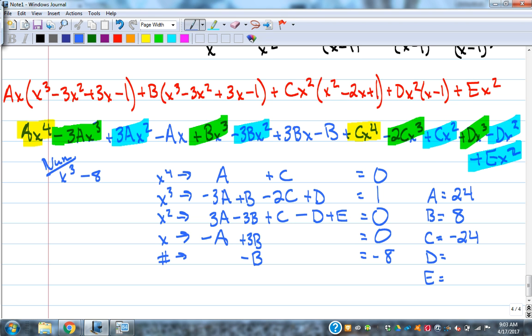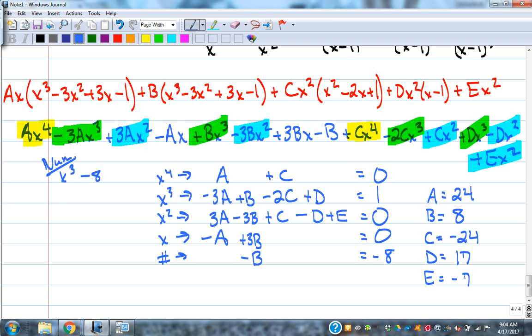And then it gets a little bit more complicated after that, because you got negative 72 plus 8, which is negative 64, plus 48. Negative 64 plus 48 would be negative 16, so 17 would be D. And E would be negative 7.